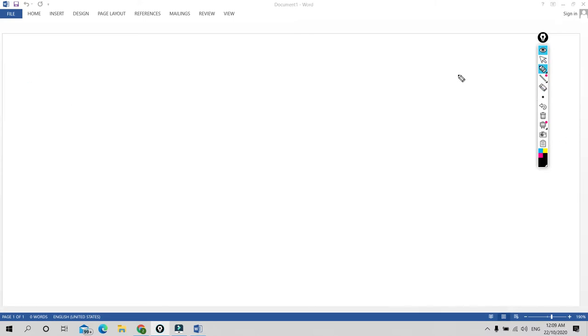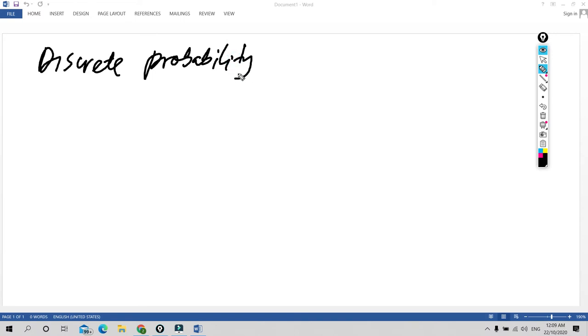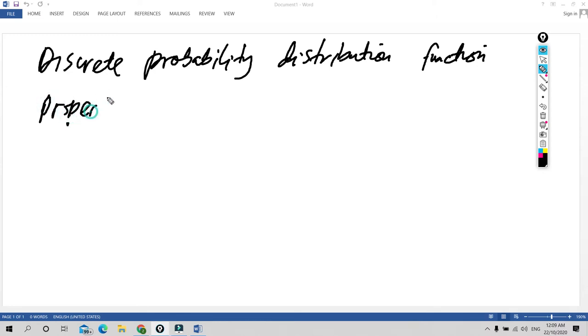So the properties of a discrete probability distribution function are given as follows. Number 1: the function f(x), or the probability function p(x), must be greater than or equal to 0.